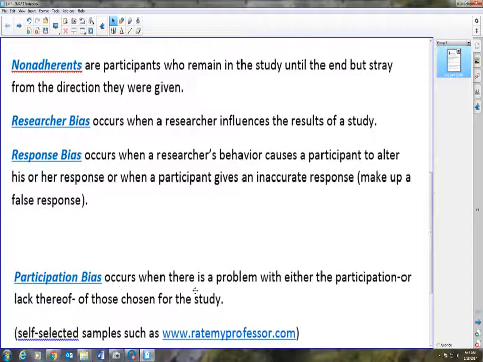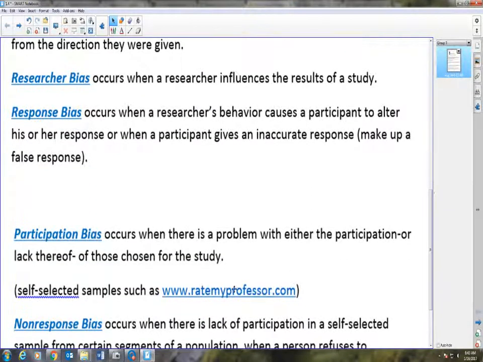Participation bias occurs when there is a problem with either the participation or lack thereof of those chosen in the study. So lack of participation can be a participation bias. A self-selected sample is also a type of participation bias.